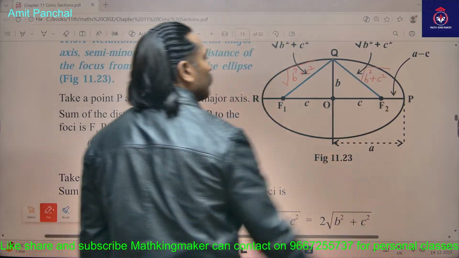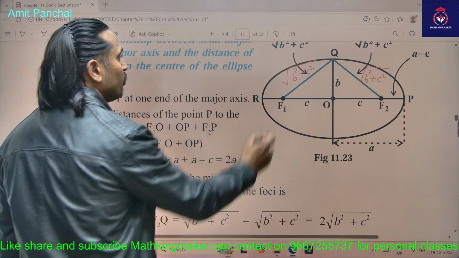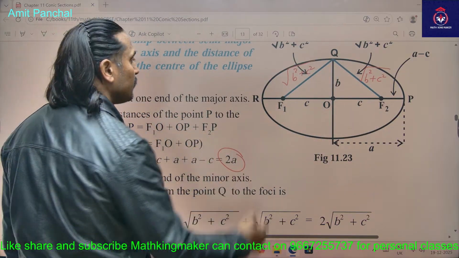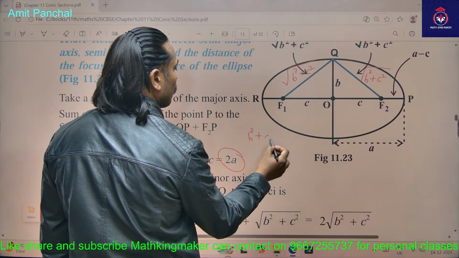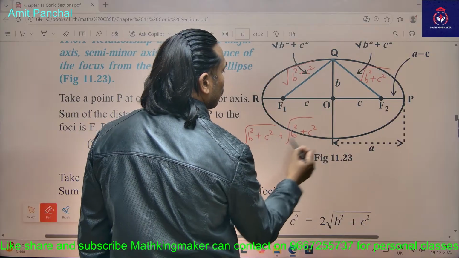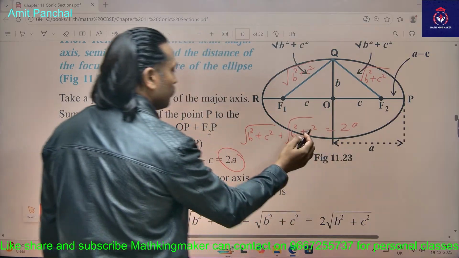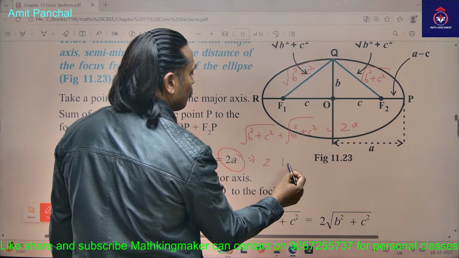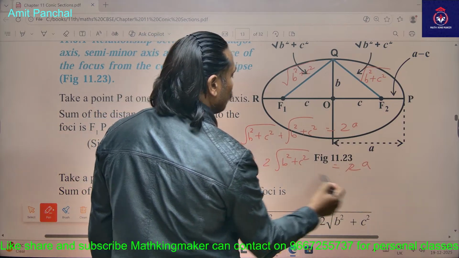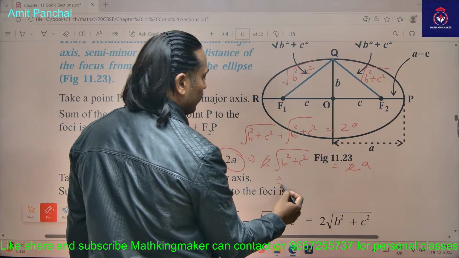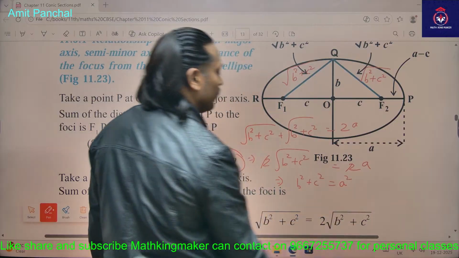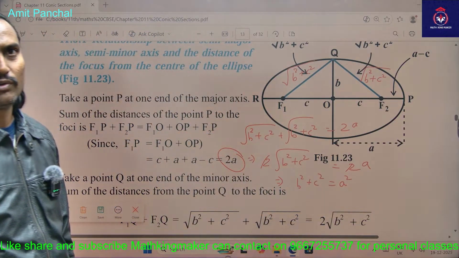So the sum of these two distances will be equal to 2a, isn't it? So now 2 times the square root of b square plus c square equals 2a, the 2 cancels. If we take the square on both sides, that will be b square plus c square equal to a square.